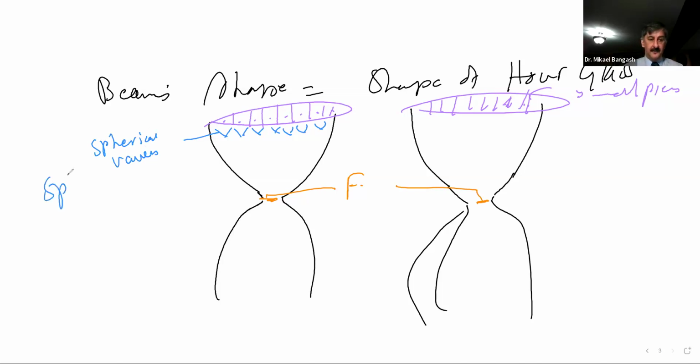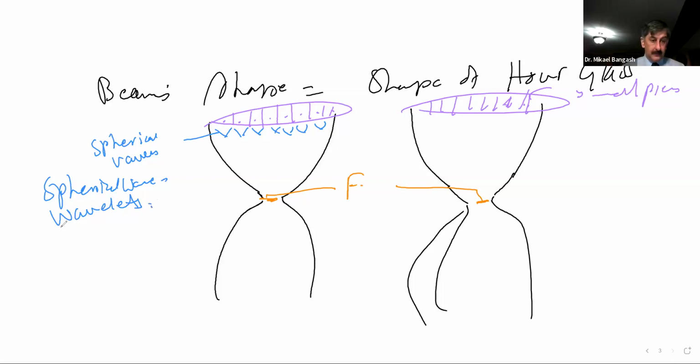These spherical waves we can also call wavelets. Now, wavelets just means short waves. Oh, sorry, small waves. Clear? Okay.